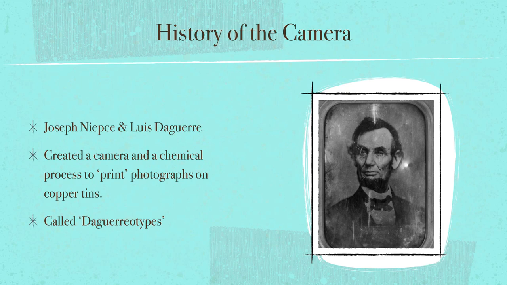Daguerre really made this popular, and he created a camera and a chemical process and made it more accessible to print photographs on copper tins, and these were called daguerreotypes. And you can see this image of President Lincoln, one of the very first images of him, and it was a daguerreotype. And these French artists really were the founding fathers of the modern camera. So that is quite interesting. And this was in the early 1800s.